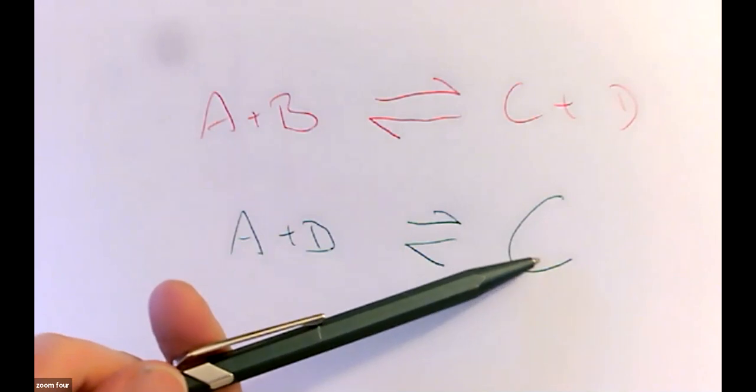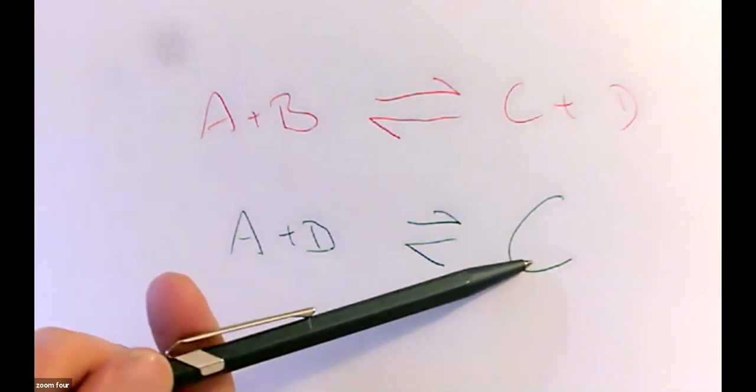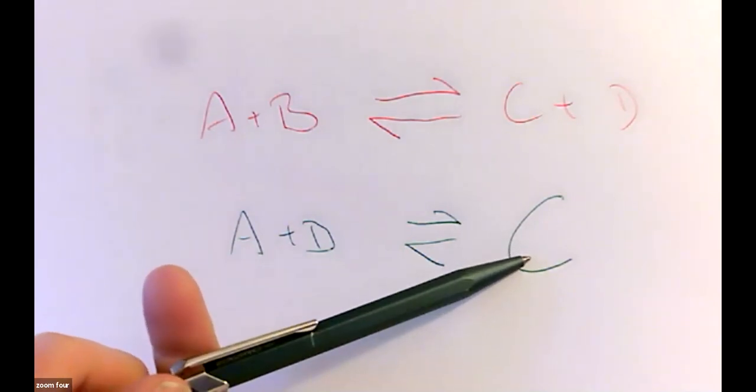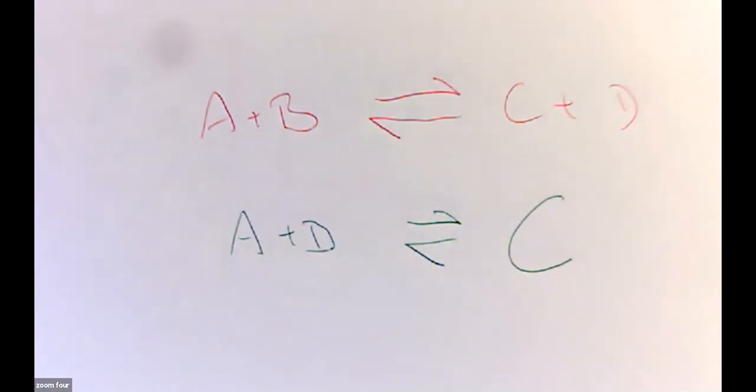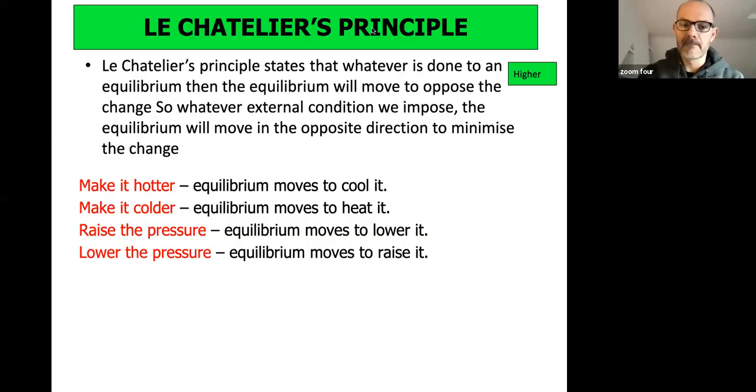If we lower the pressure and it wants to increase it, because remember, an equilibrium will always try and stop you doing whatever you've done to it, it moves this way to try and increase the pressure. Okay, so that's how it would do that, because I get asked that all the time. How can it possibly change the pressure? So let's just go back to that. I'm very almost finished now.